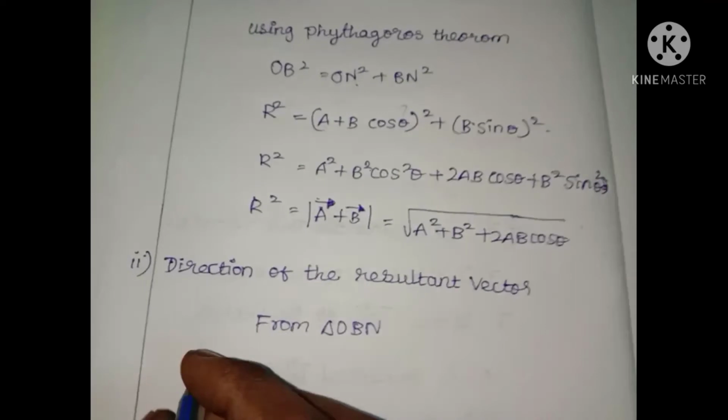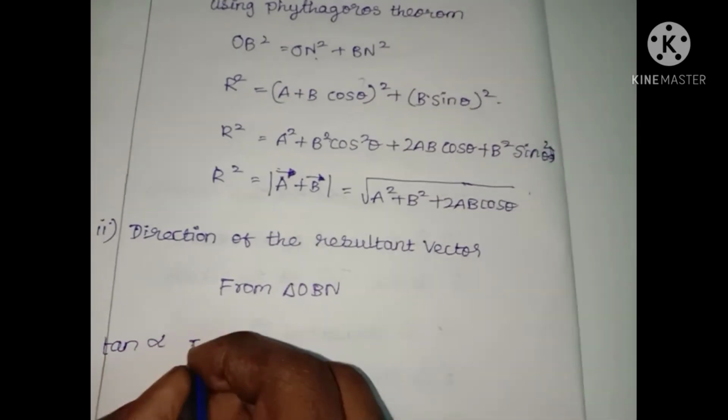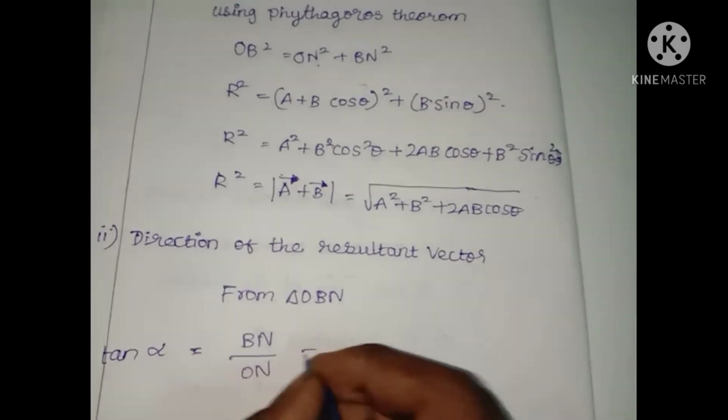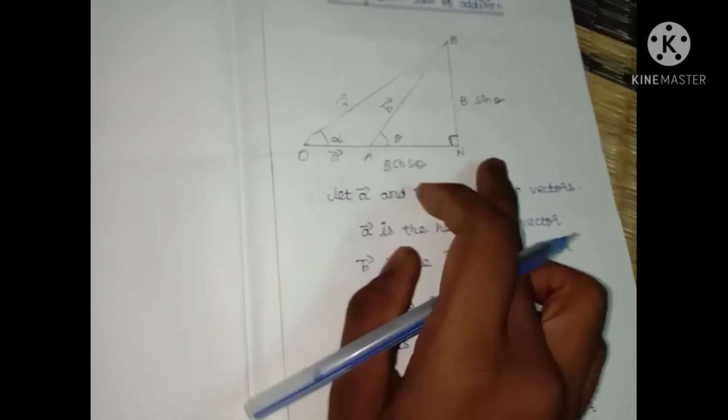Now alpha, we can find tan alpha. Tan alpha is equal to BN by ON. BN by ON is BN by OA plus AN.